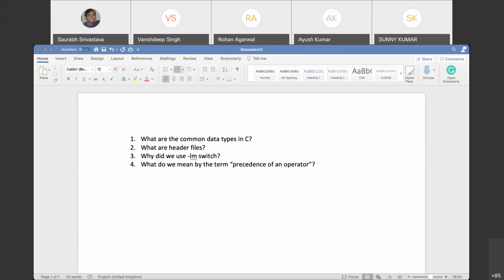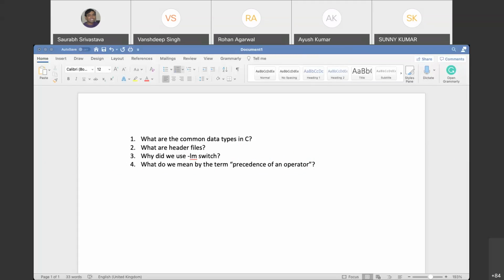Another thing that I must tell you is that I have not put questions that are specific to printf and scanf or sqrt in C, because the idea of this course is not really to make you a C guru. The idea is to teach you programming concepts through C. So we are not going to spend too much time on specific syntax related things.